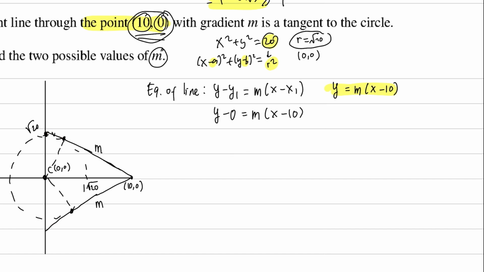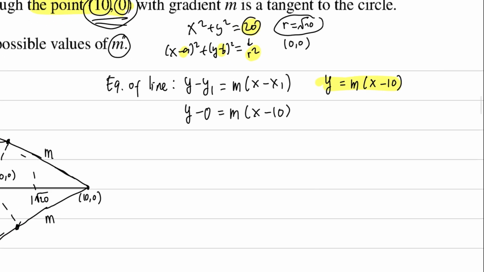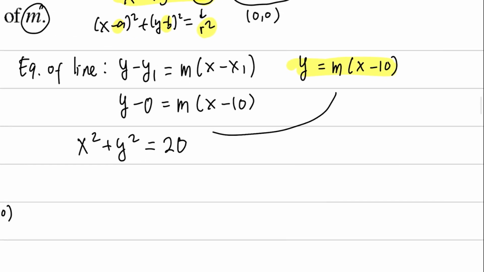All right. So the circle is this: x squared plus y squared equals 20. We substitute. We will get x squared plus m. Maybe I'll expand so it becomes easier. This becomes y equals mx minus 10m.